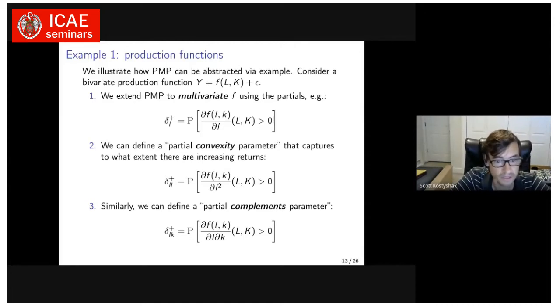And similarly, you might want to look at over what proportion of the support you have increasing returns in a production function. And a final point, three, we can talk about complements. Complements are typically defined as either 0 or 1. Two inputs are either complements or they're not complements. But in practice, it's useful to be able to talk about them being complements to a large extent.